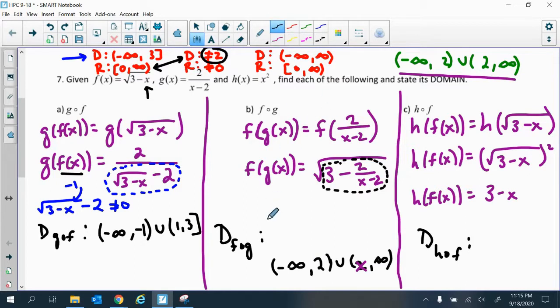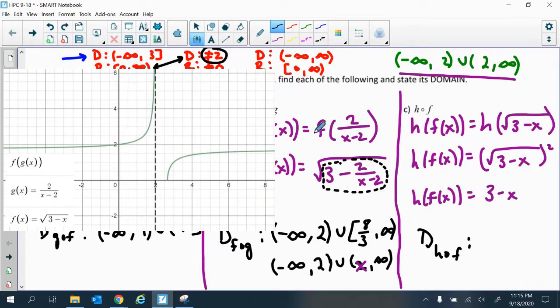So my final answer for the domain is going to be -infinity to 2 union 8/3 to infinity. And you're seeing the graph of this on the screen, and you see how from -infinity to 2, you're allowed to plug stuff in, but then from 2 to 8/3, you can't. And then starting at 8/3, this thing equals 0, and then it starts to go up from there.